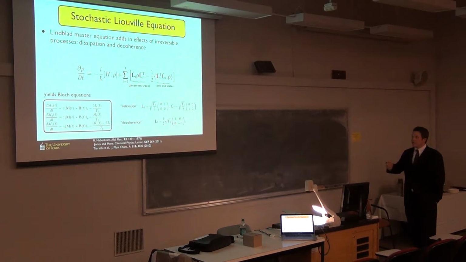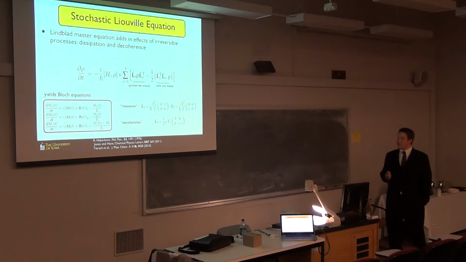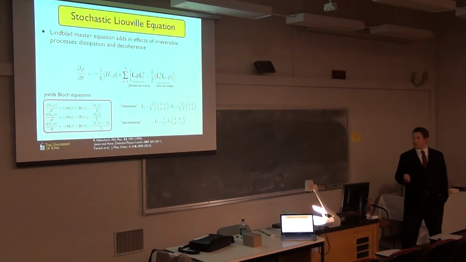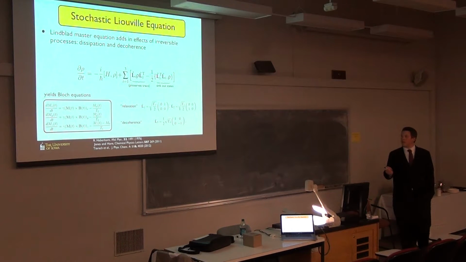And to put this on firm footing, you can derive the phenomenological Bloch equations out of this type of model using these Lindblad operators, where the L1 and L2 describe relaxation, that's flipping spins from up to down, and decoherence, where you're dephasing spins. And these terms are used often in NMR, ESR.